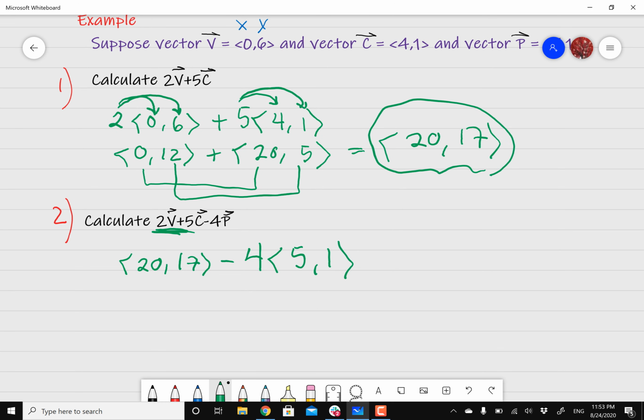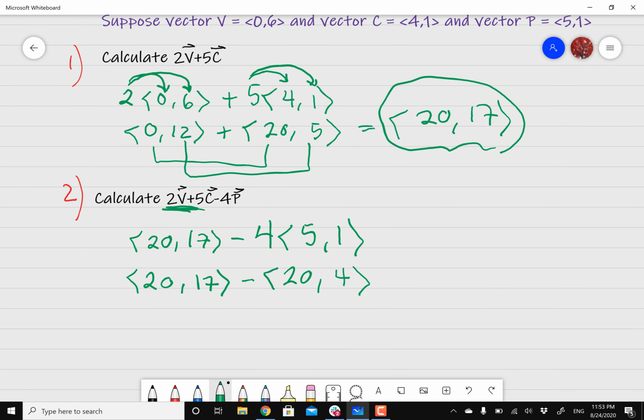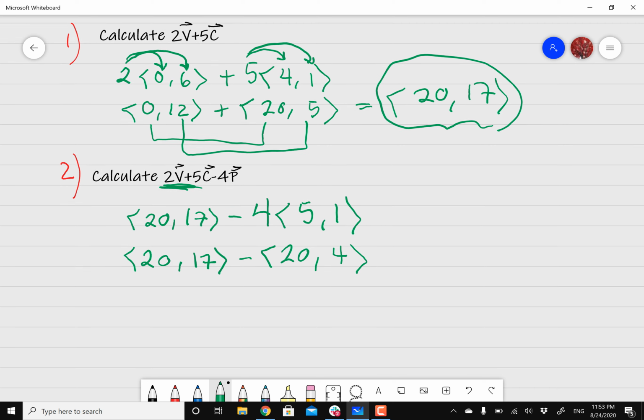So I'm going to keep writing this 20, 17, and then subtract it from 4 times 5, that's going to be 20, and then 4 times 1, that's simply going to be 4.